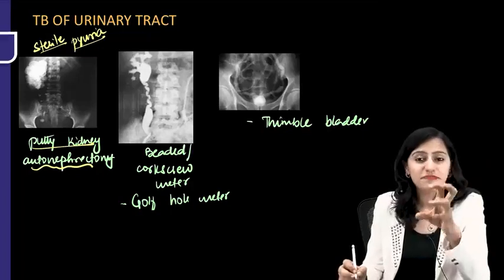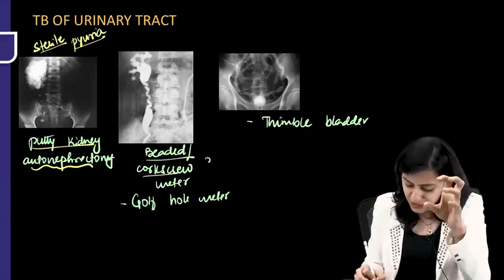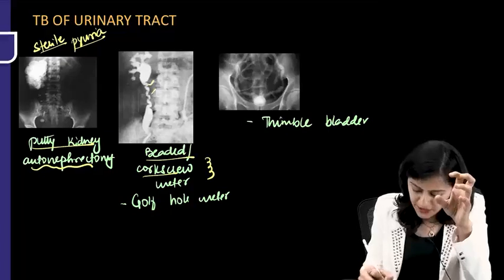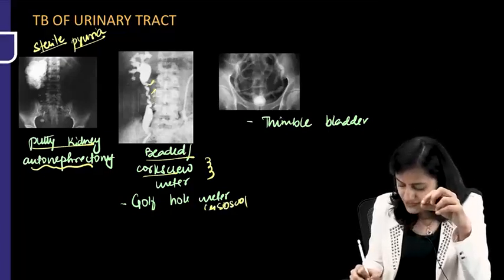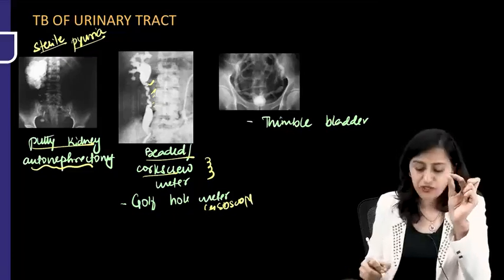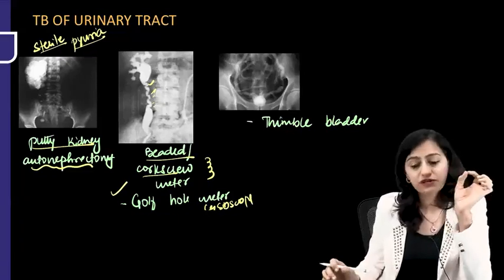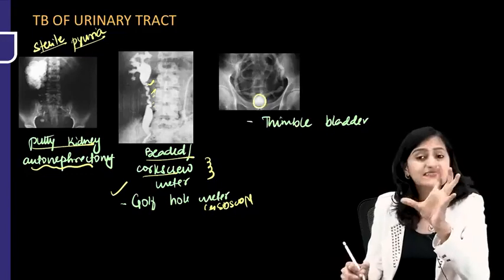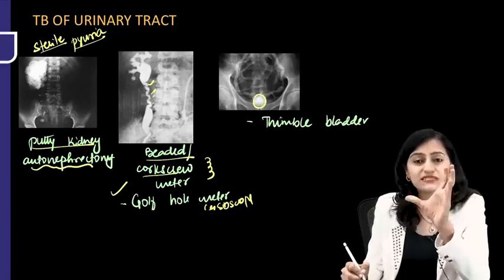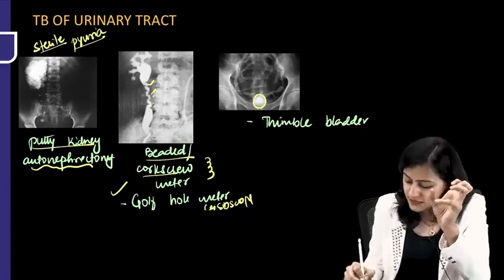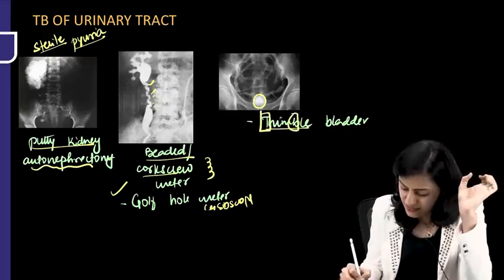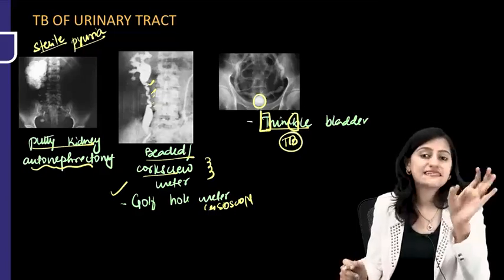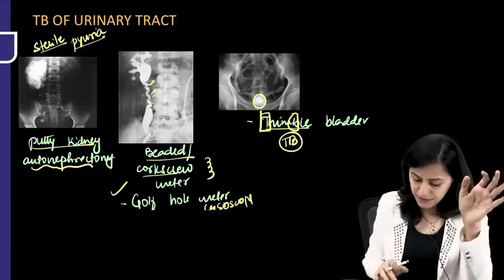Ureter getting affected, multiple strictures, that gives the beaded or the corkscrew appearance. On a cystoscopy, we see the golf hole appearance of the ureteric orifice, the kinking of the ureteric orifice. Bladder is contracted because of the fibrosis. It's a small capacity bladder, which is called thimble bladder. So remember thimble bladder, TB. Thimble bladder is seen in TB. So these are the various appearances here.